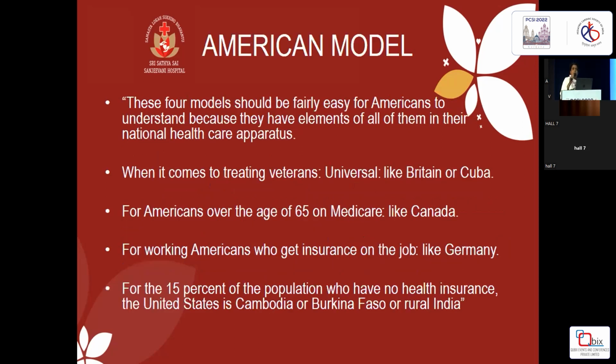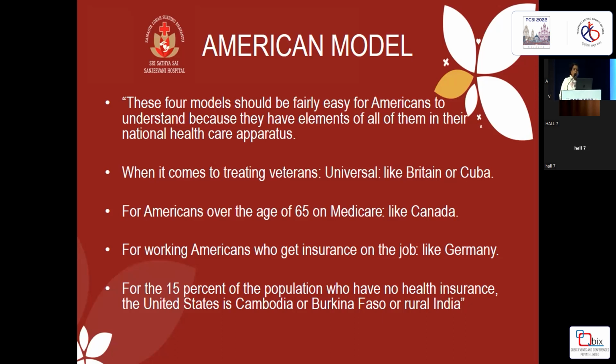There is also what is called a combination model, which I think is similar between India and the US. I'm quoting verbatim from the Association of Physicians of the US, that any American will understand these 4 models because they have components of all the 4 models. When they are treating the veterans, it is universal and it behaves like Britain or Cuba. If Americans are over 65 with Medicare, it behaves like Canada.